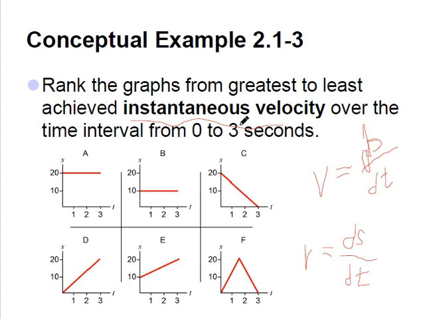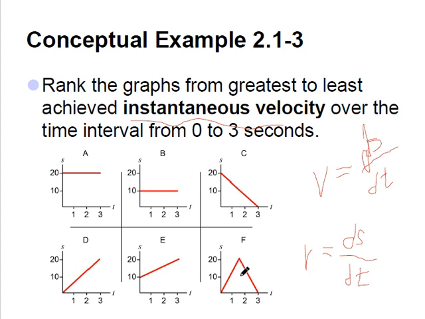In order for us to find the instantaneous velocity, we are now going to use our slope method. The steeper the slope, the greater the velocity at that moment. So when you take a look at it, F has the steepest slope at its peak. That's the steepest slope ever, steeper than this and this and that slope.